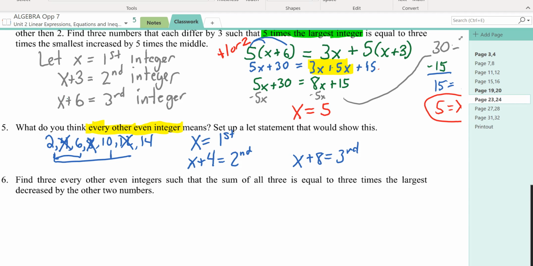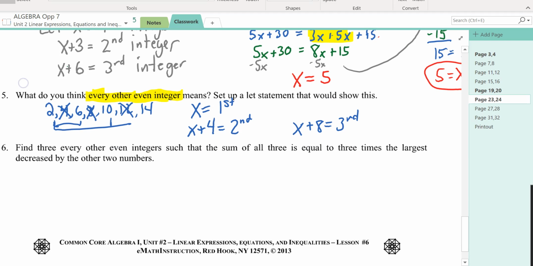Then we're going to do number 6, and then you're going to practice some on your own. It says find every other even integer, 3 of them. So can I use these 3 let statements down here? Every other even integer.